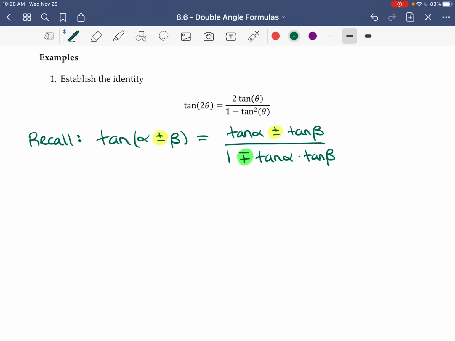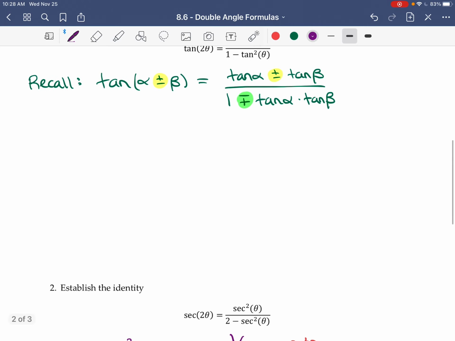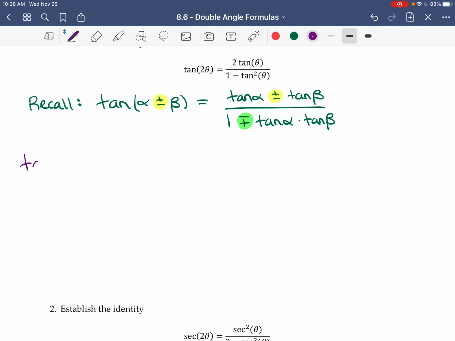We're going to want to use this identity here. Tan of 2 theta is the same as tan of theta plus theta. That means that alpha is theta, but so is beta. They're both equal to theta in the formula.